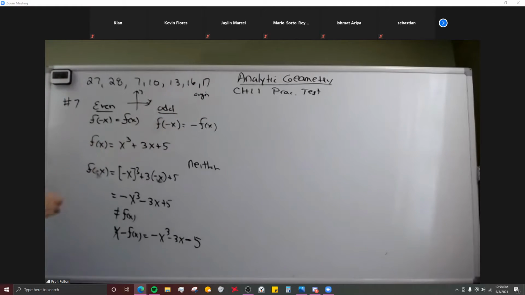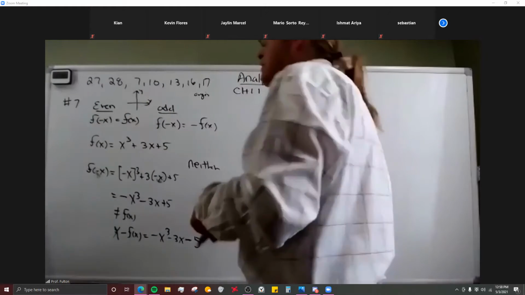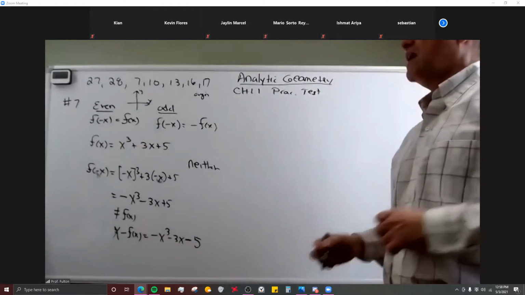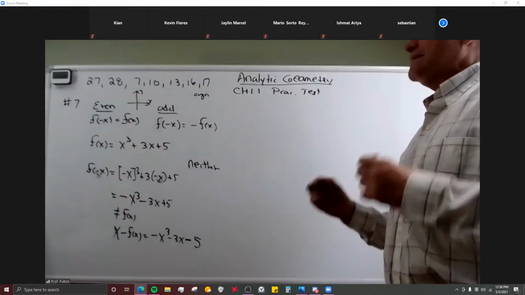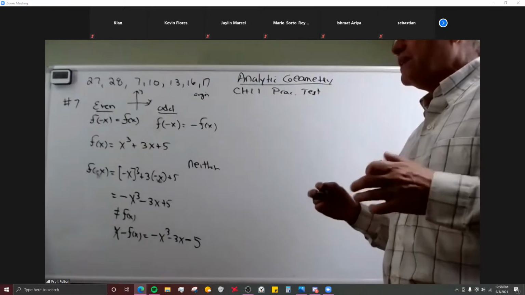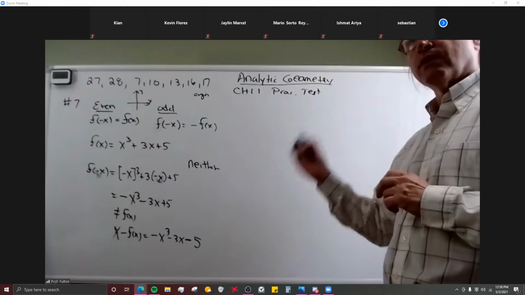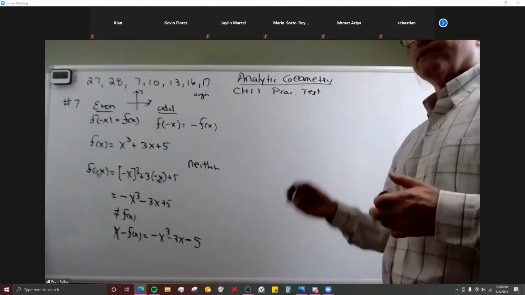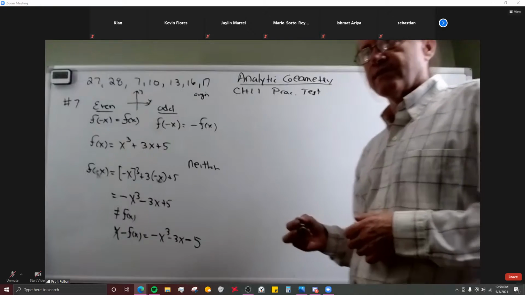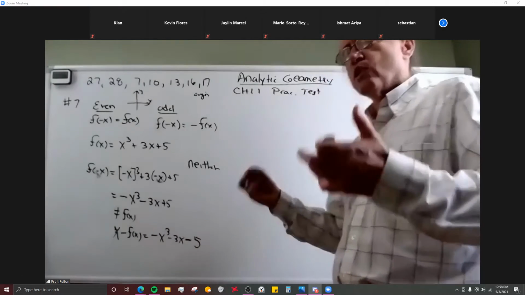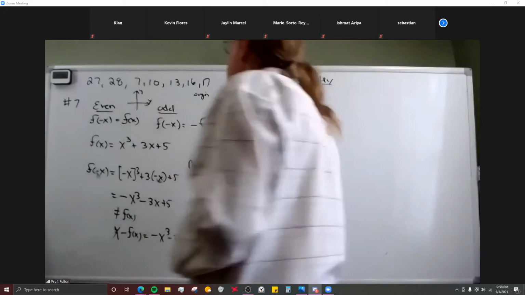You'll use these things later on when you want to make certain arguments that involve symmetry. It's a tool that doesn't come up very often, but enough that it gives you a sense. And you'll be talking at a higher level about sines and cosines being even and odd functions. Cosine is an even function, sine is odd.